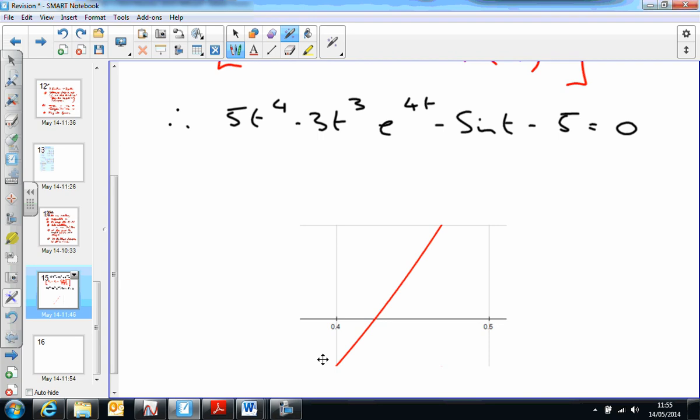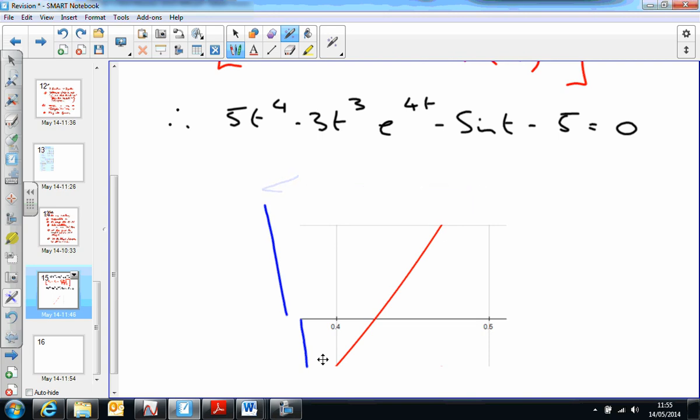So I could pick 0.45 as my start point, as my first guess. But if I've worked out the function, and I've found that the negative value here is a bit smaller than the positive value for 0.5, then I guess the root has got to be nearer to 0.4 than 0.5.